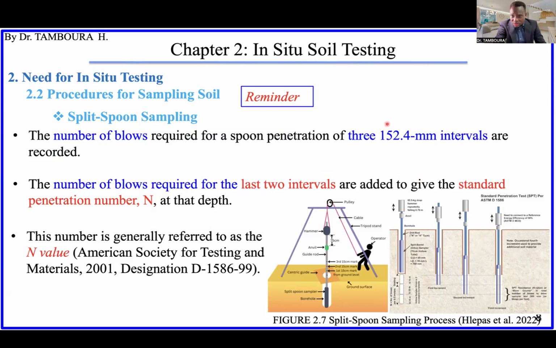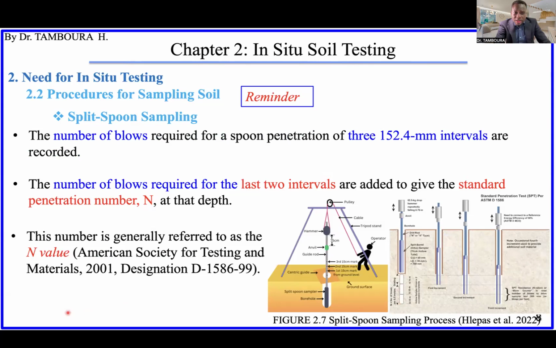Actually it is like this in millimeter, but it's difficult to measure this millimeter, so we say just 15 centimeters. So 3 times 15 centimeters. So how many times you dropped the hammer to reach this depth to obtain 3 times 15 centimeters?